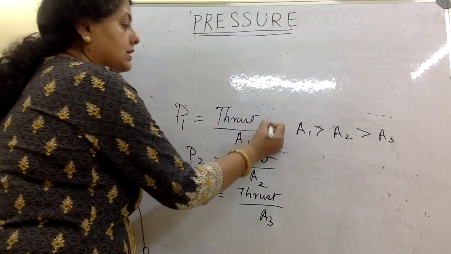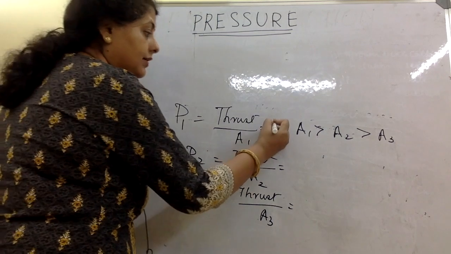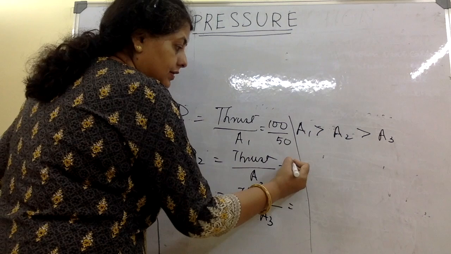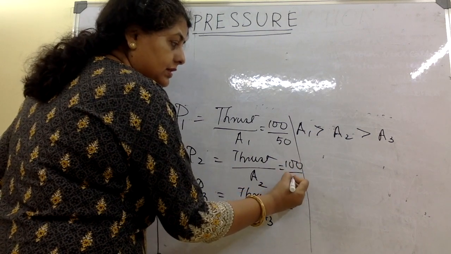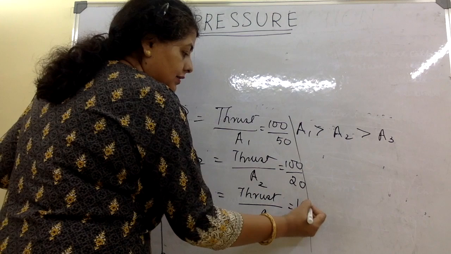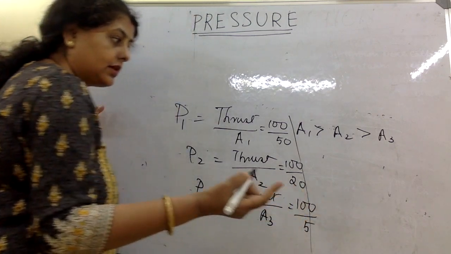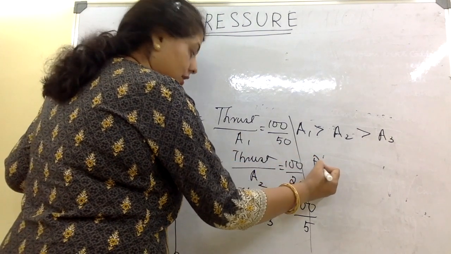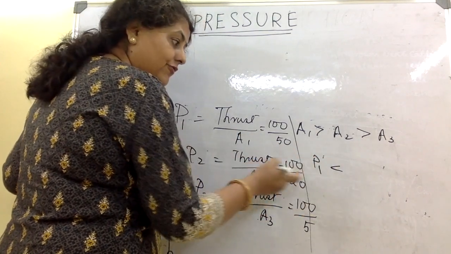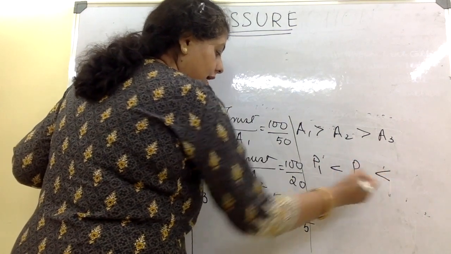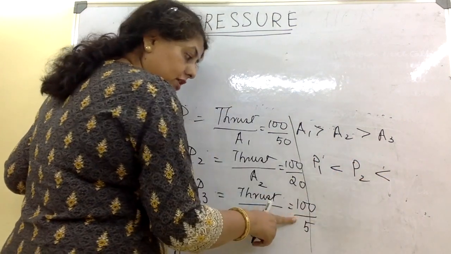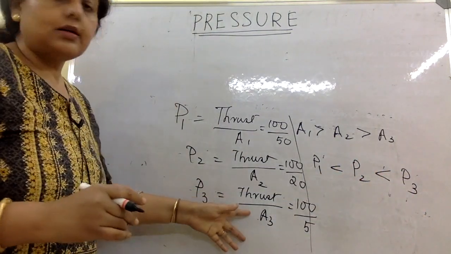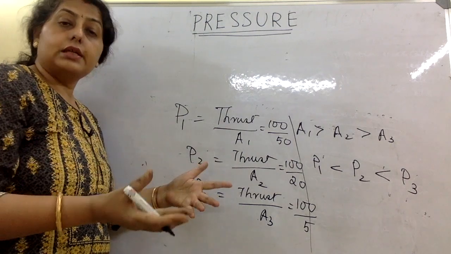Let's take an example. Say 100 is the thrust. I divide it by 50, then by 20, and by 5. So here it is 2, the smallest pressure, P1. This is 5, a little bigger pressure, and this is 20, which is the highest pressure. So the smaller the area of contact, the bigger is the pressure.